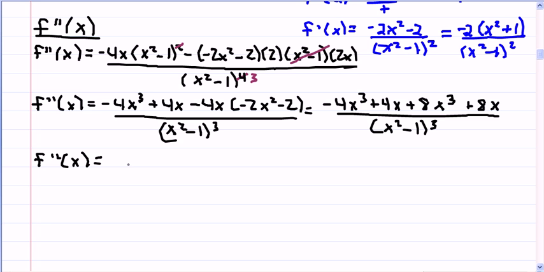So the second derivative simplifies to 4x to the third plus 12x over x squared minus 1 to the third. And to find the inflection points, I take the numerator and set it equal to 0.